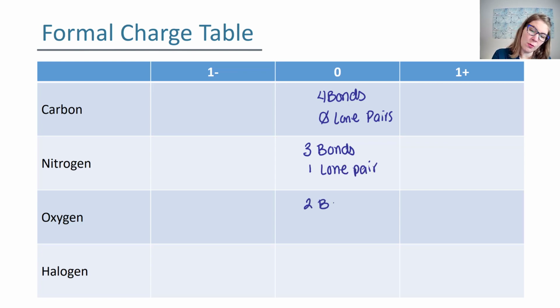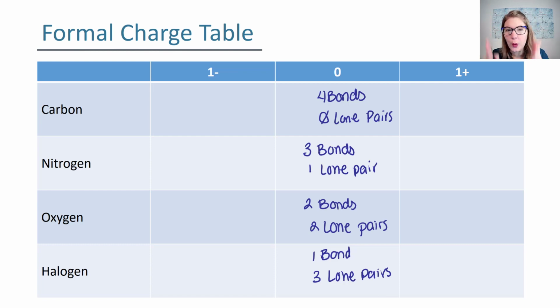Oxygen forms 2 bonds and 2 lone pairs. Halogens form 1 bond and 3 lone pairs. So when these atoms follow their typical valencies, they have 0 formal charge.